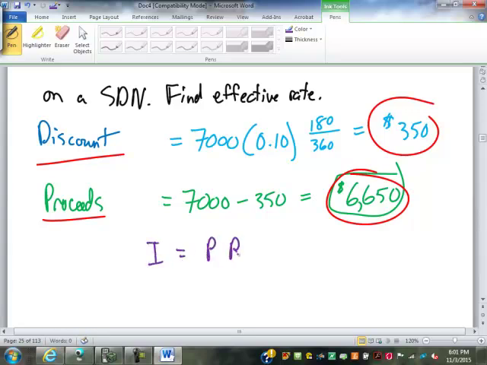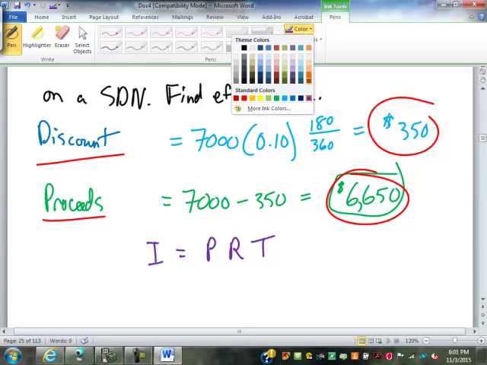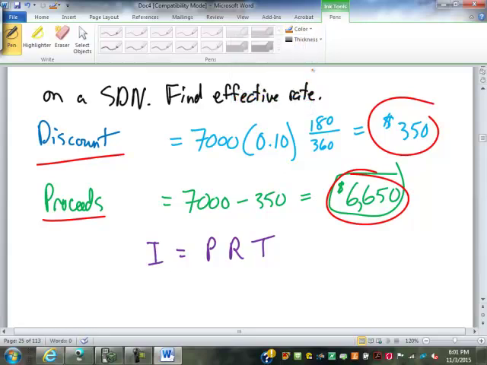I equals PRT. What is going to go in here for the interest? The amount of the discount, which is $350. What's going to go in here for the principal? Will it be the $7,000?